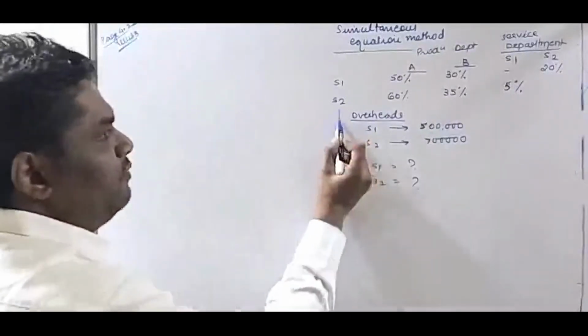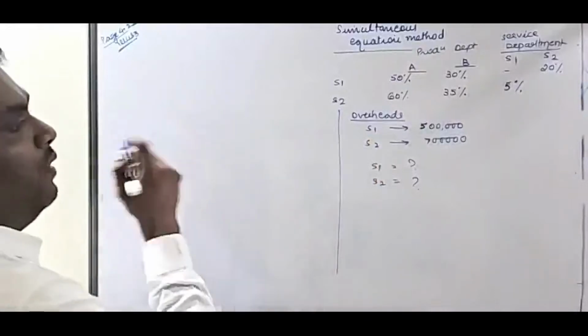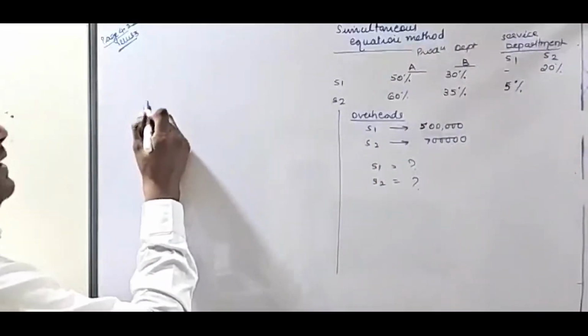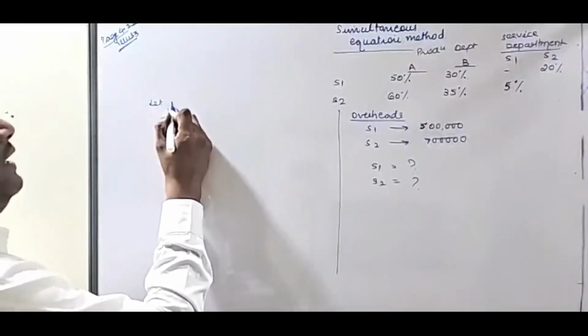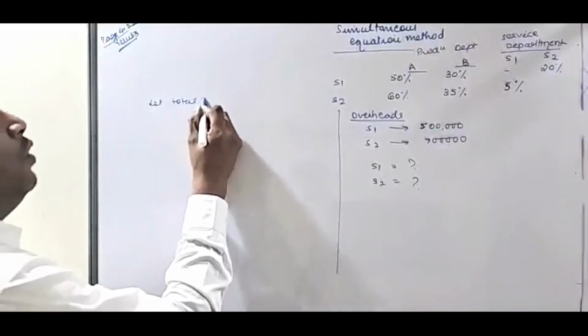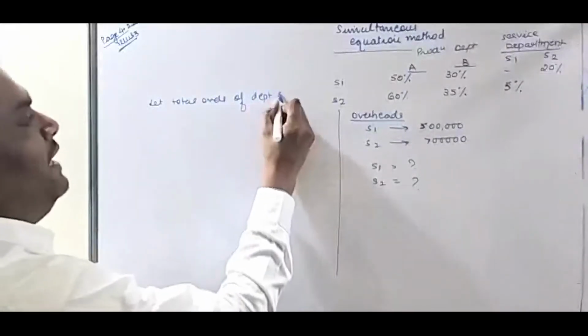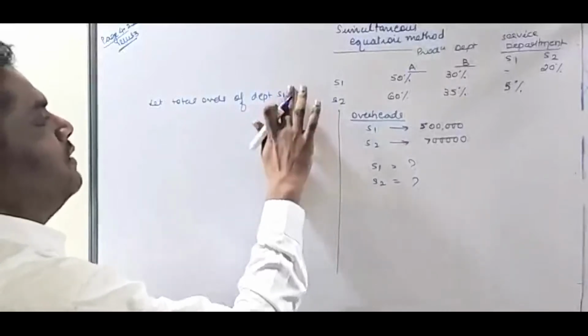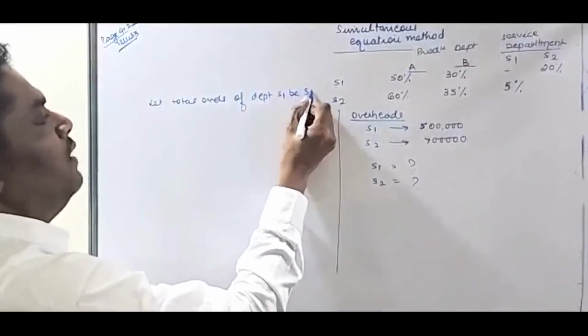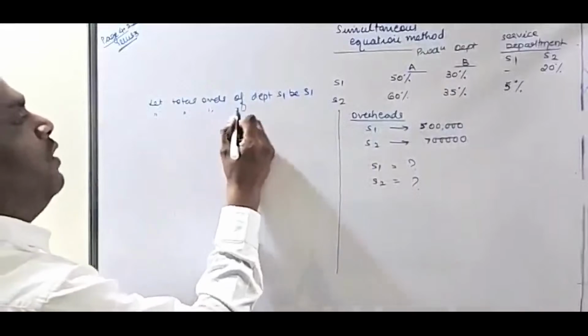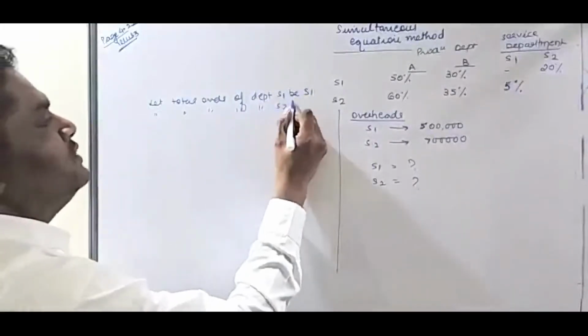So it's a very simple question. Let the total overhead of department S1 be S1, and the total overheads of department S2 be S2.